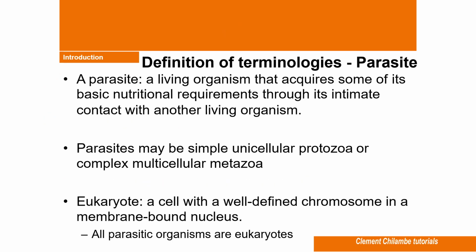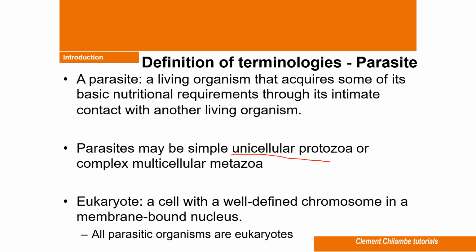Okay, so now let's look at the definition of terminologies. We already defined what a parasite is. What did we say? A parasite is a living organism that acquires some of its basic nutrition requirements through its intimate contact with another living organism. Parasites may be simple, unicellular protozoa, and then we have the complex multicellular metazoa, which are helminths.